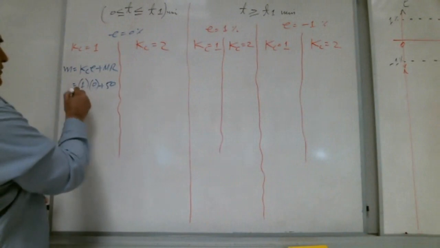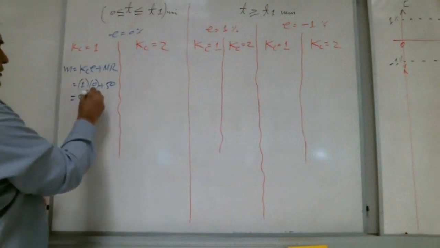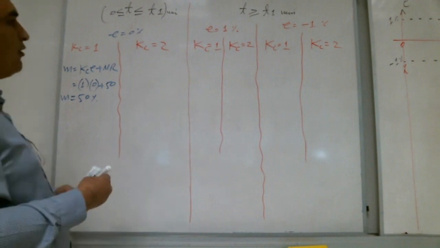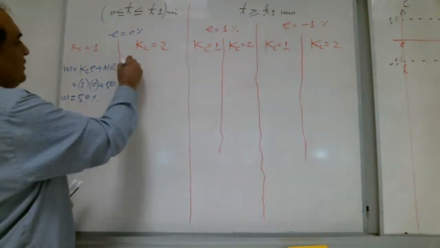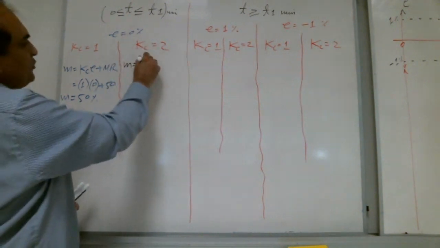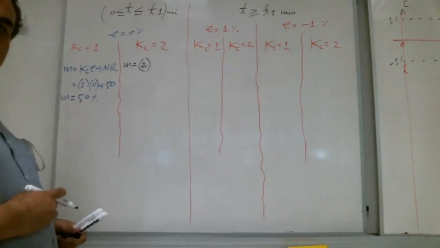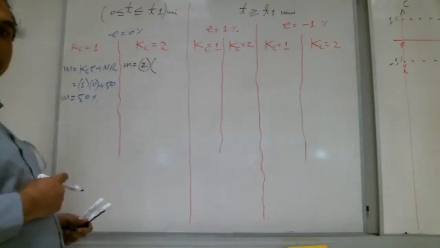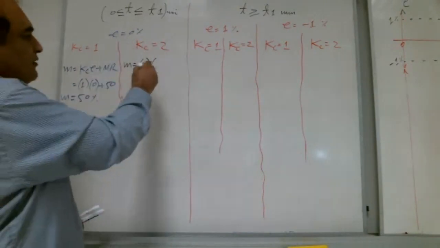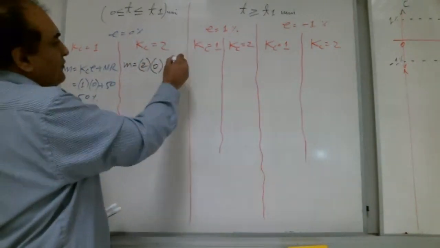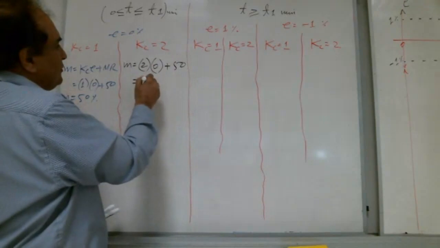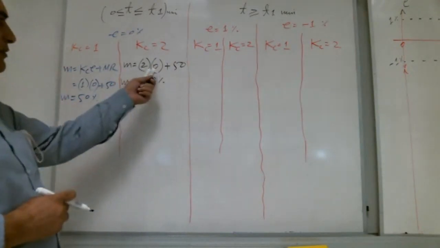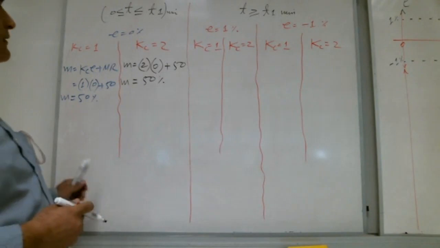So how much is M here? 50%. How much is M here? Kc is 2. What is the error here? 0. What is MR? 50 again. So 50%, because this will be 0.